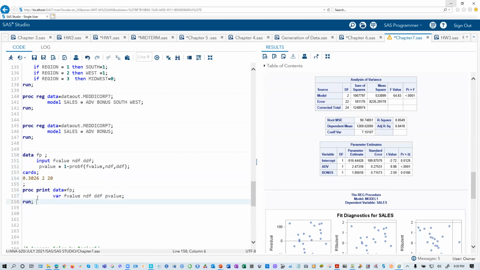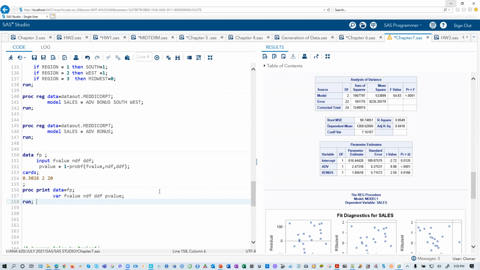I'm looking for the p-value. I'm going to enter the F value. I need the degrees of freedom of the numerator and the degrees of freedom of the denominator. So what would be the values?